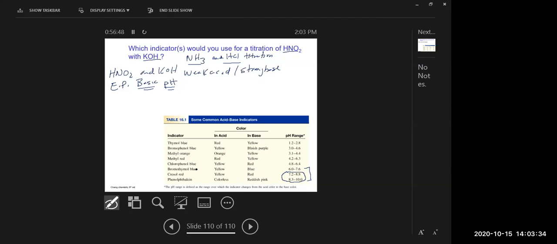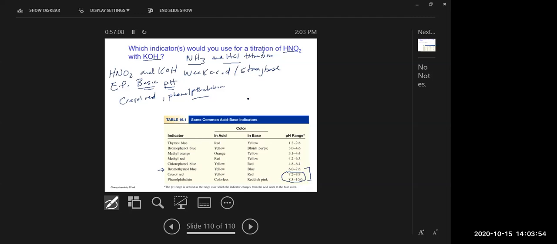So you may ask, why would cresol red and our good friend phenolphthalein be a good choice? Why wouldn't perhaps bromothymol blue be a good choice?